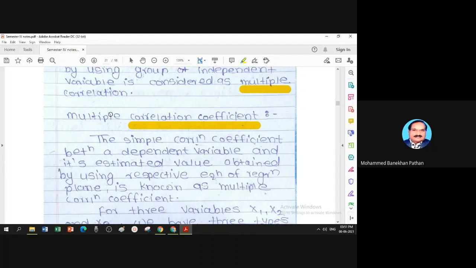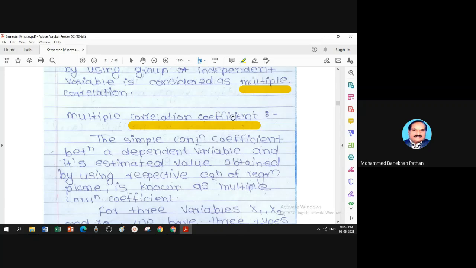If I want to define the multiple correlation coefficient, I have to use the concept of correlation coefficient which you already studied at FY level in paper 1. Correlation coefficient is a ratio of covariance divided by standard deviations.